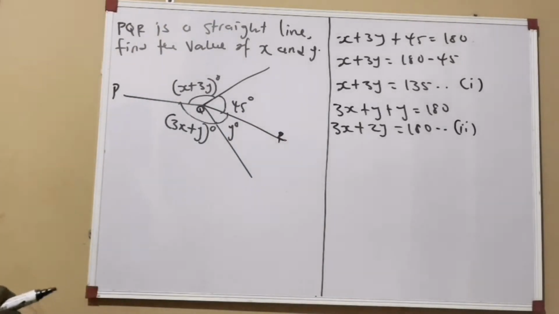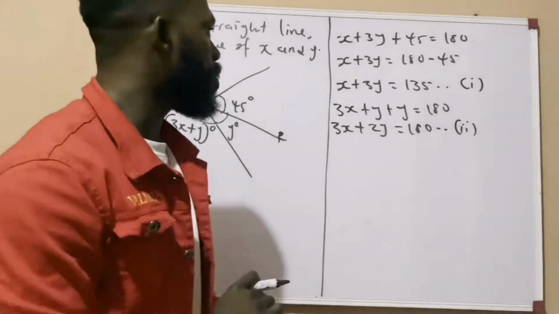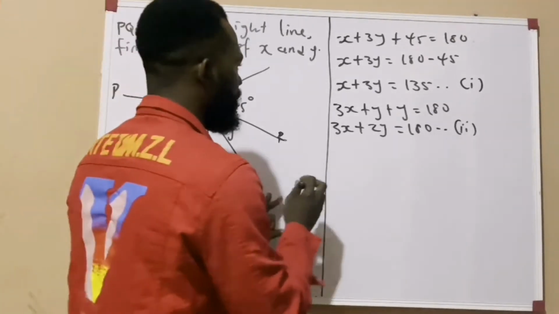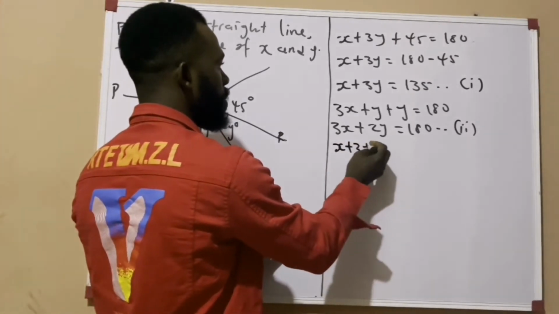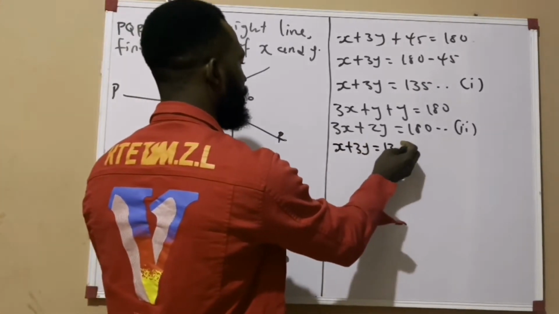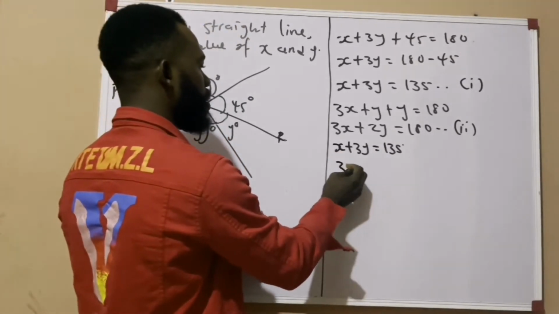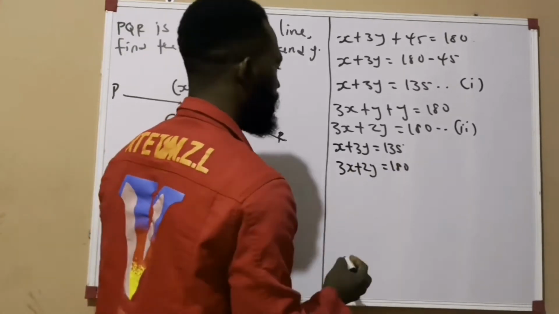Alright, now because we have two variables here, we solve simultaneously. Bringing equation 1 and equation 2 together, we have x plus 3y equal to 135 and 3x plus 2y equal to 180.